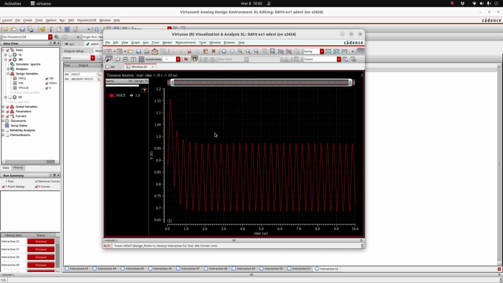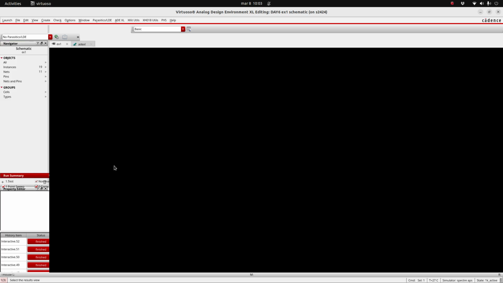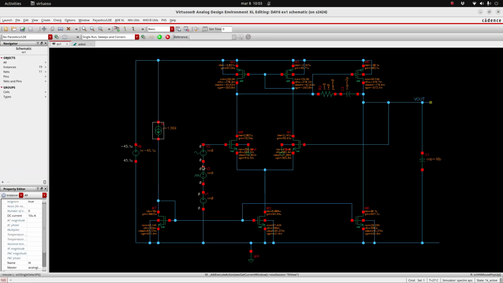And what is the cause of this problem? If we now simulate a step, we're going to put a step at the input, a very strong step, also a 500 millivolts step. We're going to check what happened at the output.